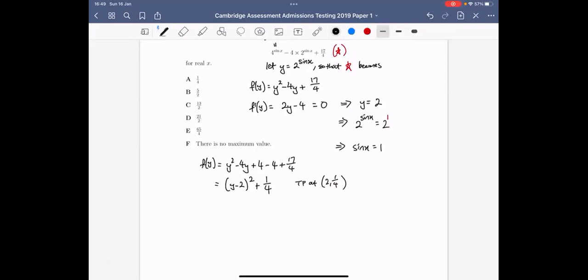So that means 2 is a minimum instead of a maximum.